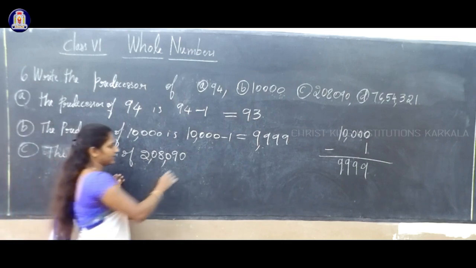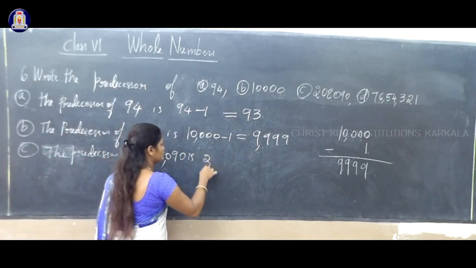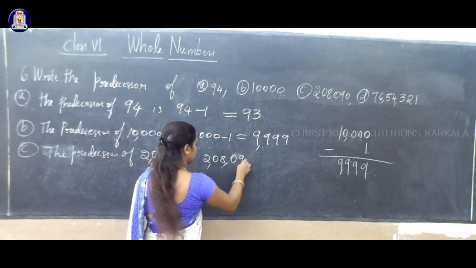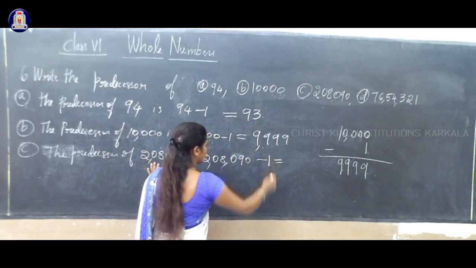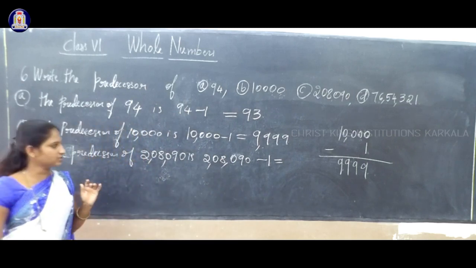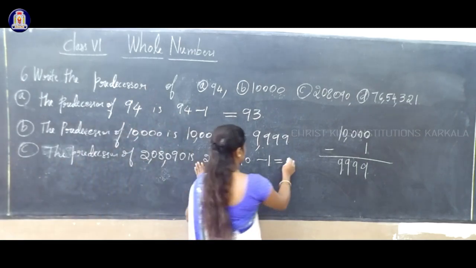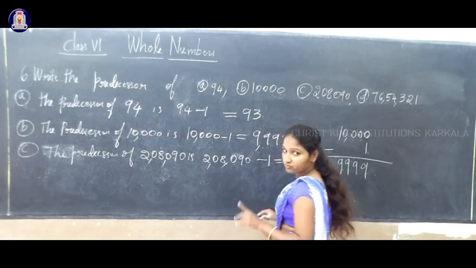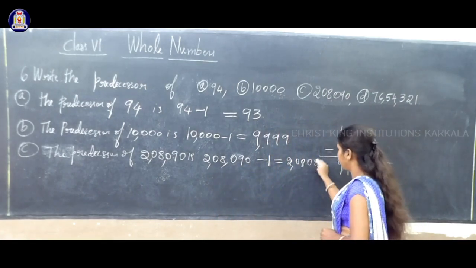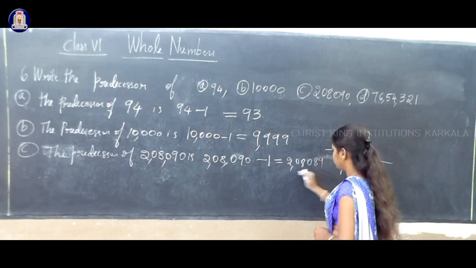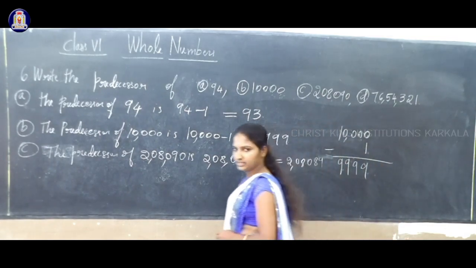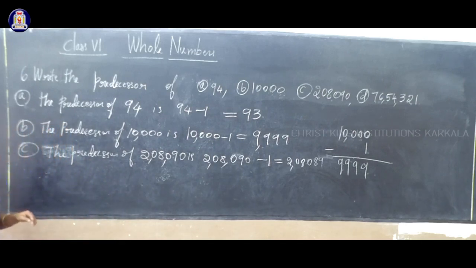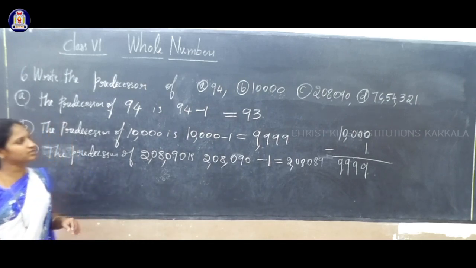So subtract, please. 2,08,090 minus 1. If you subtract, you will get 2,08,000 from 90. If you subtract 1, you will get 89. Correct? Is it correct? 90 minus 1, that is 89. So that is the predecessor of 2,08,090.